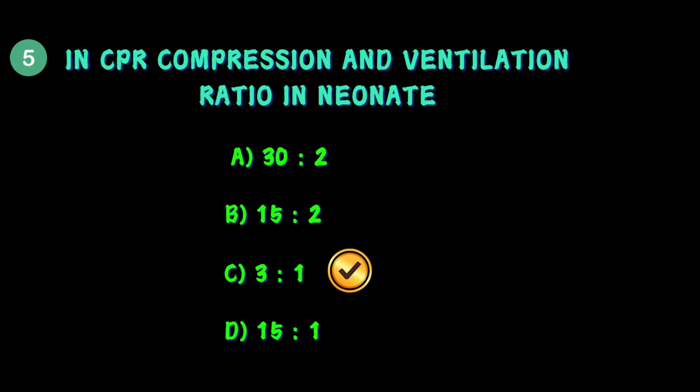In adults the compression ventilation ratio, whether 1 or 2 rescuers are there, should be 30:2. For children and infants, if a single rescuer is there, the ratio is 30:2. If 2 rescuers are there, the ratio is 15:2.